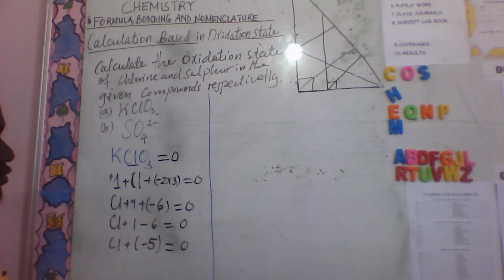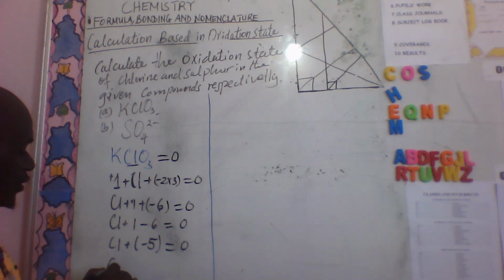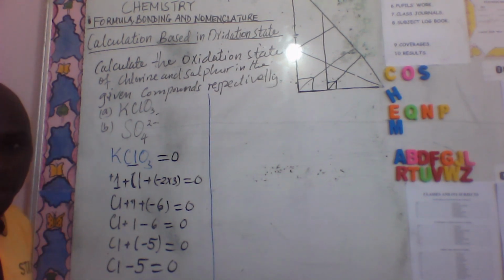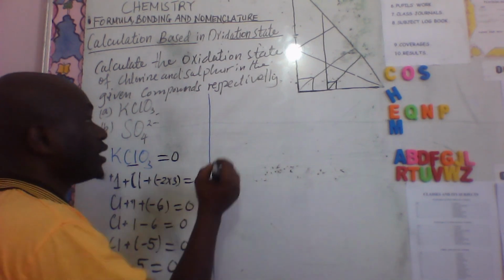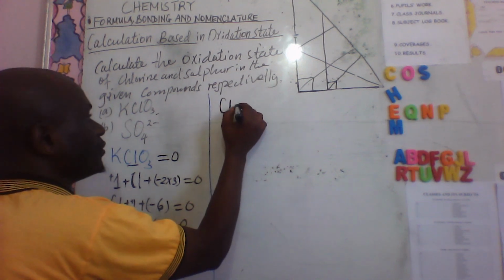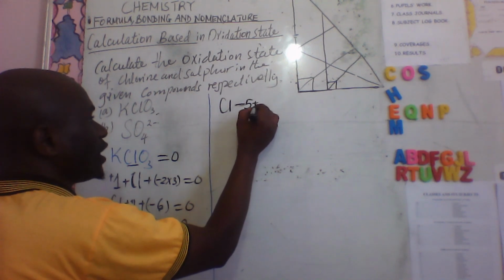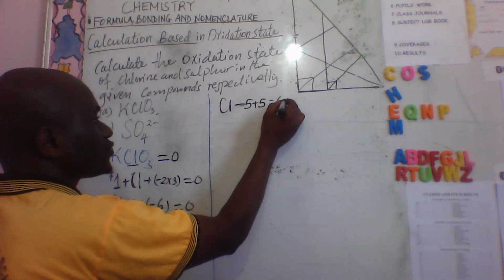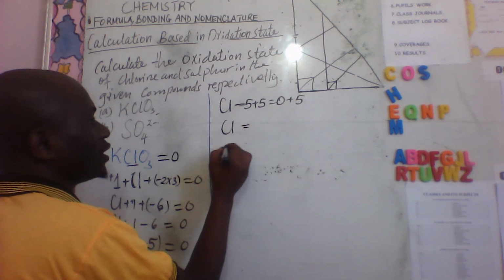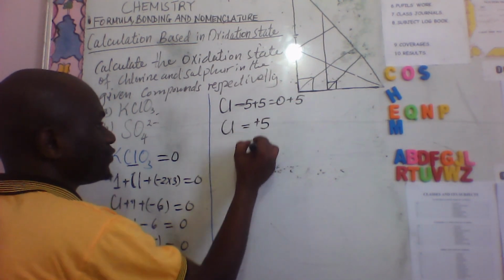After getting this is equal to 0, let us proceed. So chlorine minus 5 is equal to 0. To correct the left term here, chlorine minus 5 plus 5 is equal to 0 plus 5. So chlorine here is equal to positive 5.